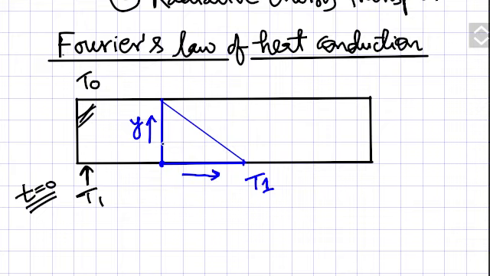At this point the temperature will be this, at this point the temperature will be this, and suppose the thickness of the slab is capital Y, meaning this point is y equal to Y and this point is y equal to 0.